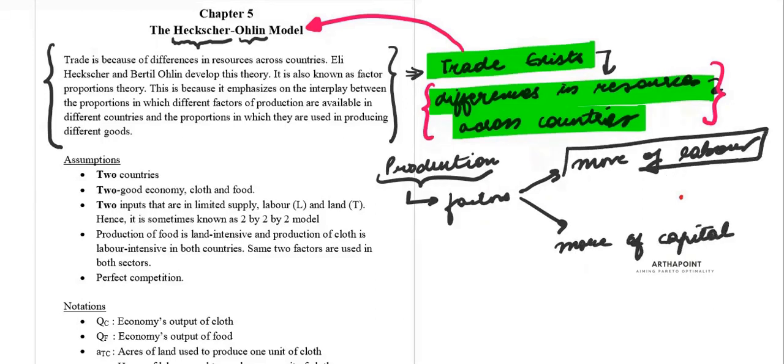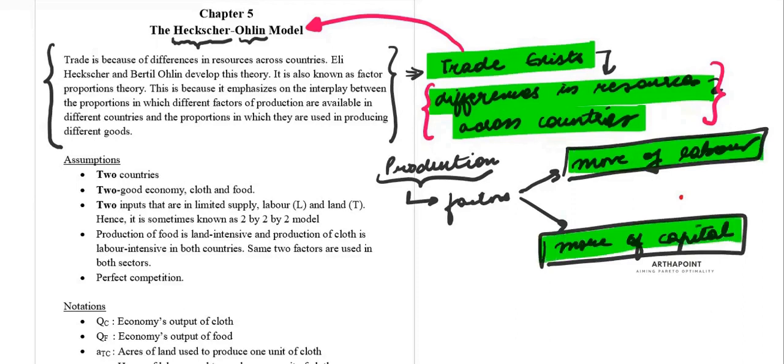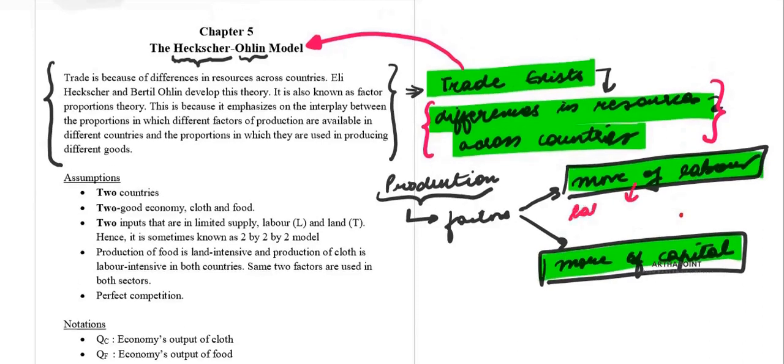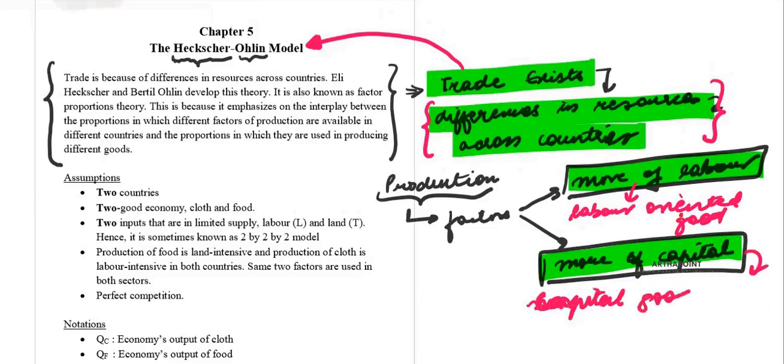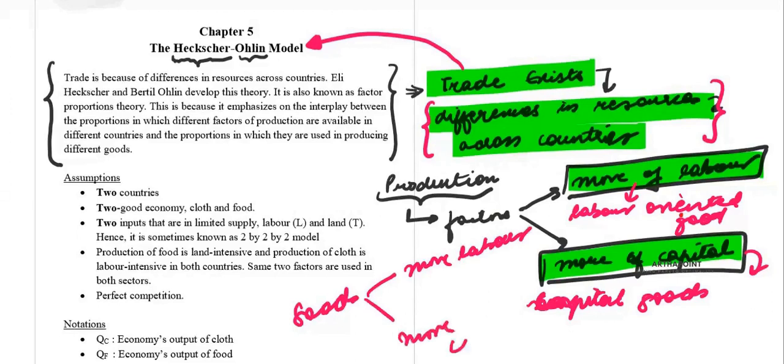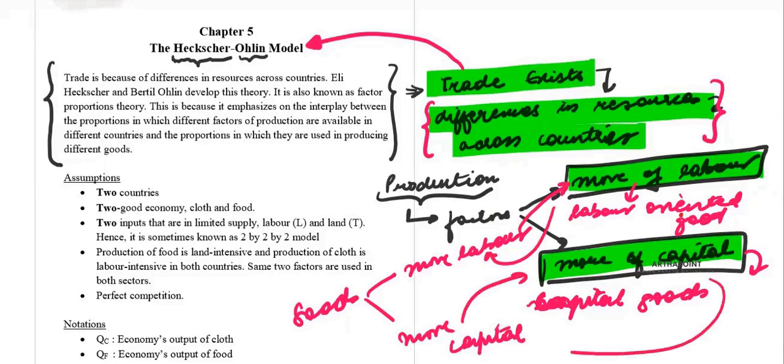Because we need factors for production and different goods need different factors, whichever country has more labor must produce a labor-oriented good, and whichever country has more capital must produce a capital-oriented good. So there are goods which need more labor and goods which need more capital. The country which has more labor should produce the good that needs more labor, and the country which has more capital should produce the good that needs more capital, right?